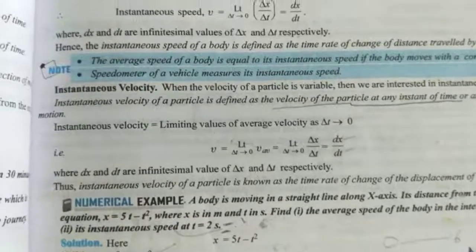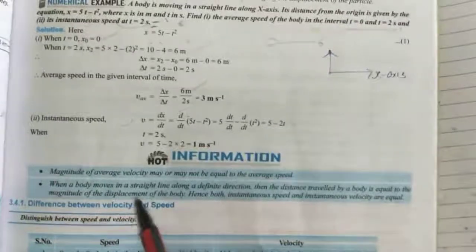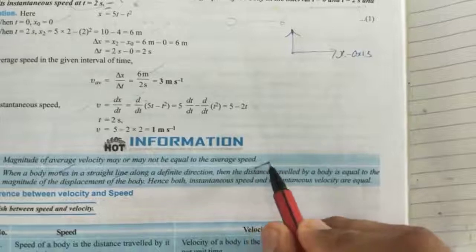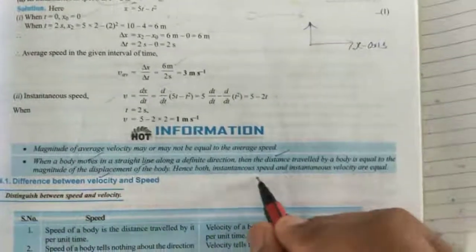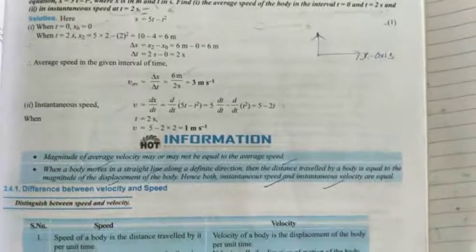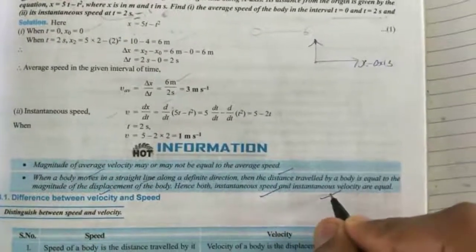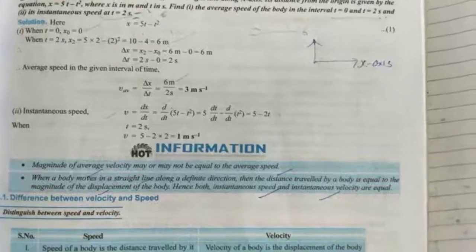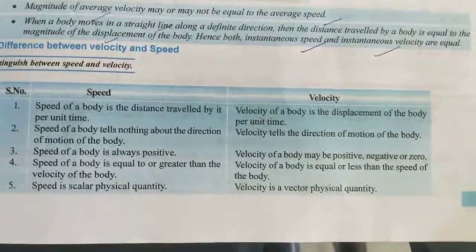Note down this important point: the body is moving in a straight line, so the distance covered will be equal to displacement, and instantaneous speed will be equal to instantaneous velocity at any time, because if distance and displacement are equal, they are also going to be equal. So you have to create a difference between speed and velocity also.